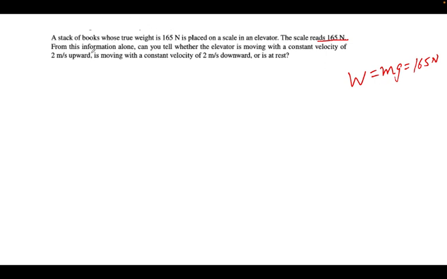So from this information, what can we analyze? Can you tell whether the elevator is moving with a constant velocity of 2 meter per second upward, moving with a constant velocity of 2 meter per second downward, or is at rest?